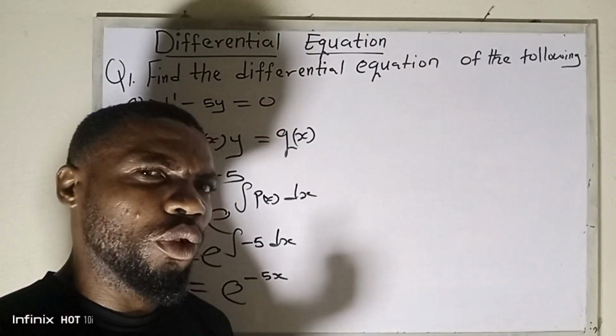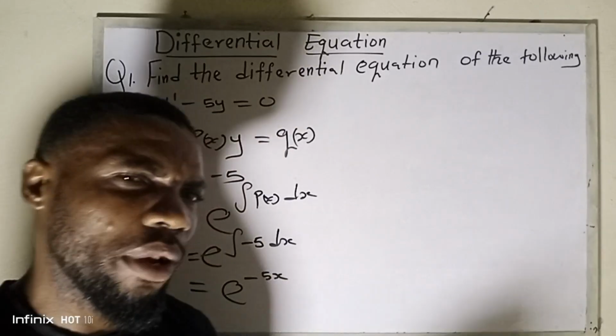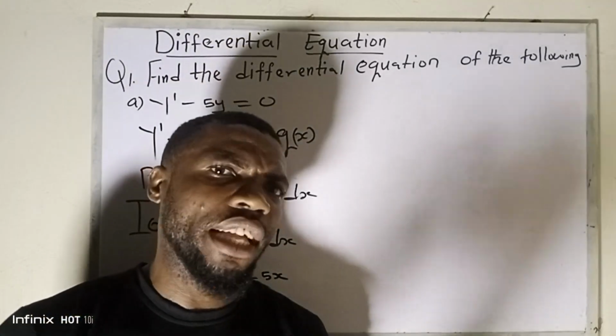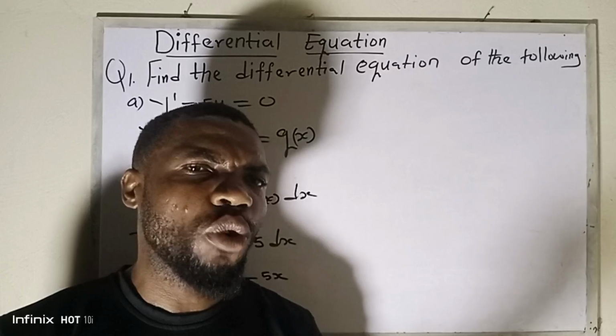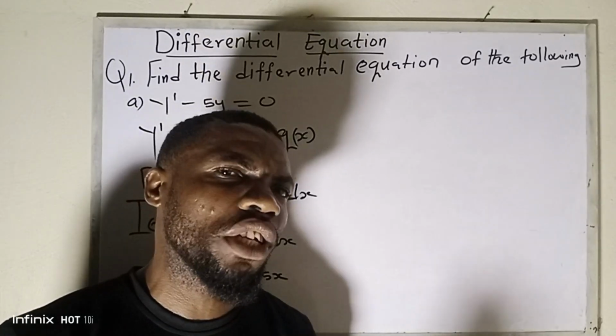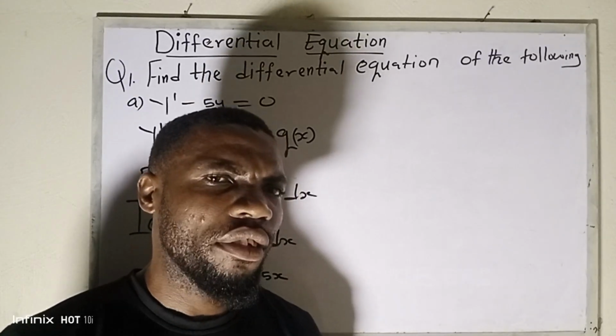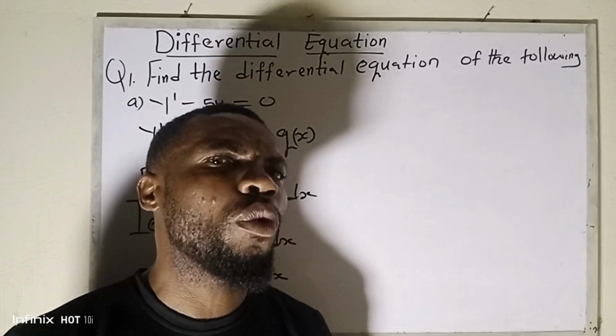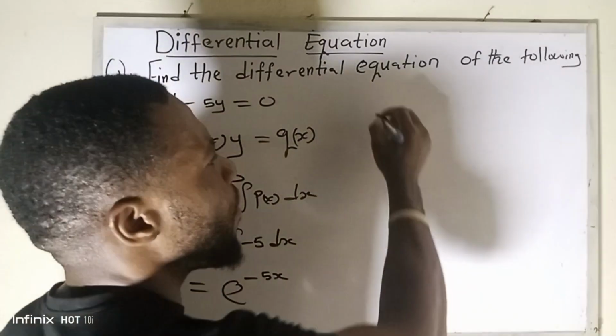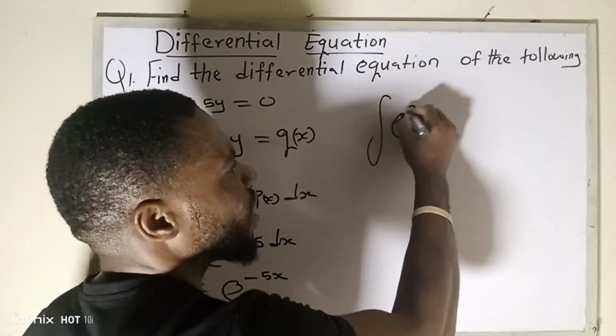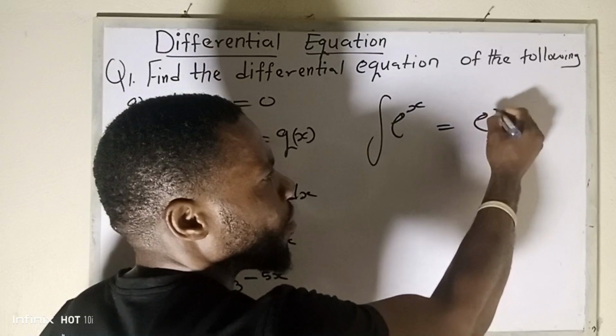Now, before I continue solving this, I want to make you understand something. The only thing you need to understand and master so much is how you can integrate exponential. Let's remember that when we integrate exponential x, we're going to have exponential x.